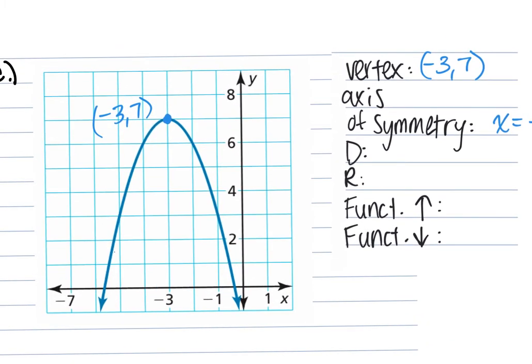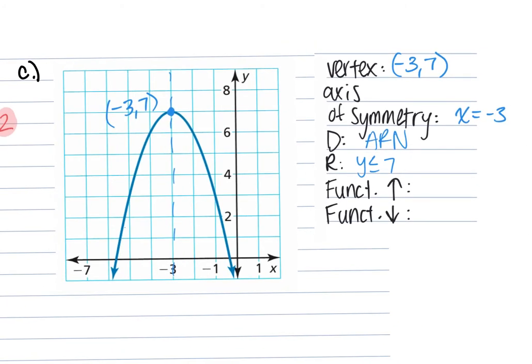What's the domain? It's all real numbers. What's the range? Cody? Y is less than or equal to 7. Y is less than or equal to 7. Very good. Where is the function increasing? Janessa?